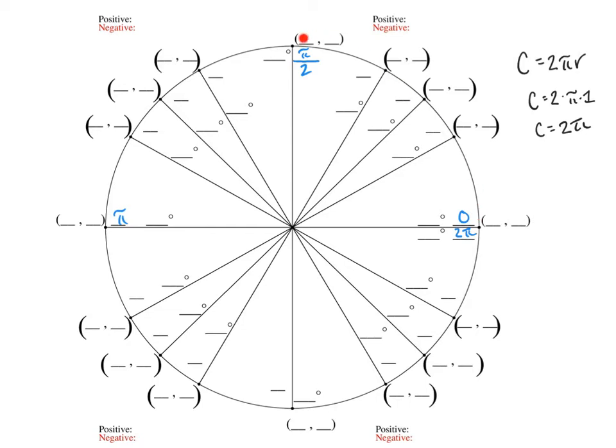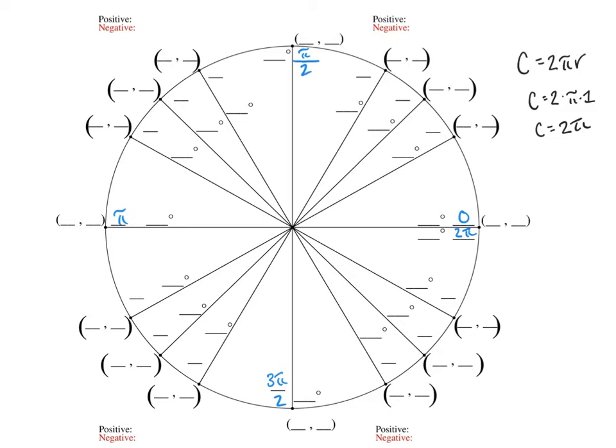So we have pi over 2, pi. If we add another pi over 2 to that, we come over here to 3 pi over 2. If we add another half to that, we come all the way around to 2 pi. So we can kind of see the start of the 4 quadrants there.